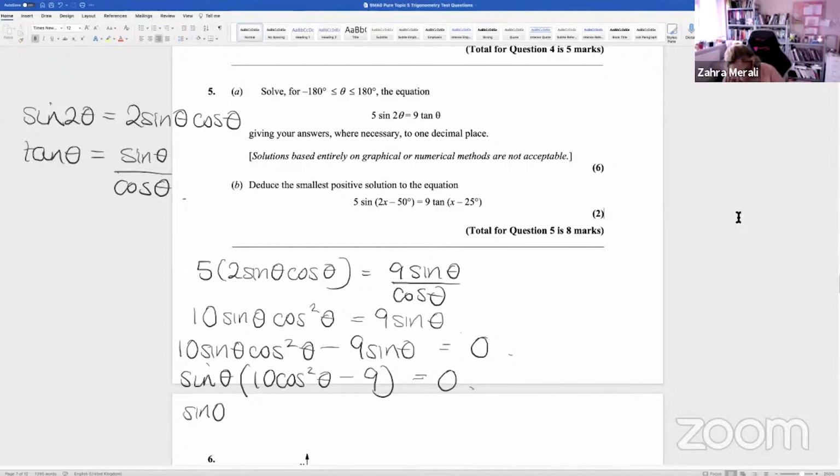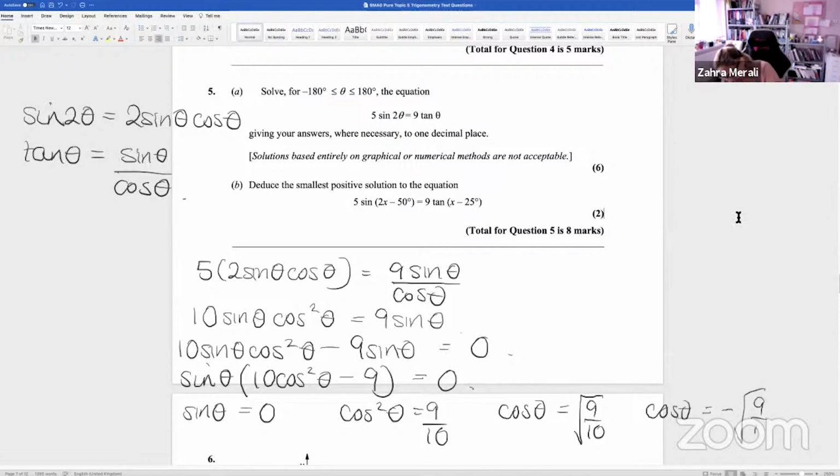Now either sine theta equals 0 or cos squared theta equals 9/10, which means that cos theta equals the positive square root of 9/10, or cos theta equals minus the square root of 9/10. And then for each of these three situations, you're going to solve between minus 180 and 180.